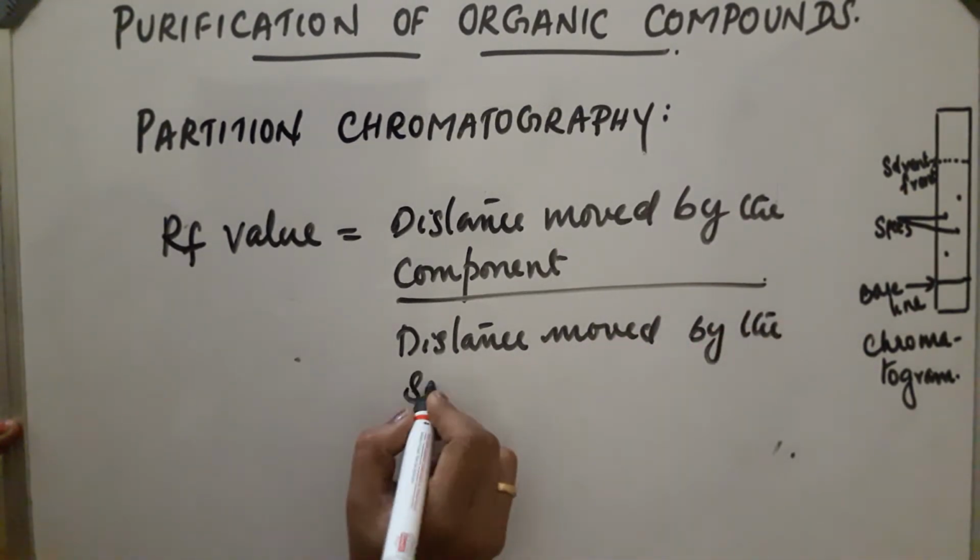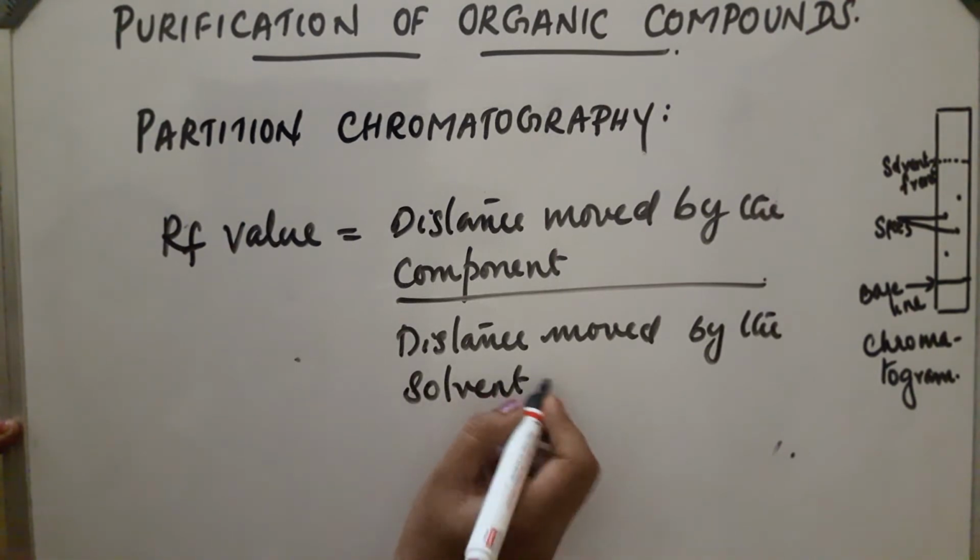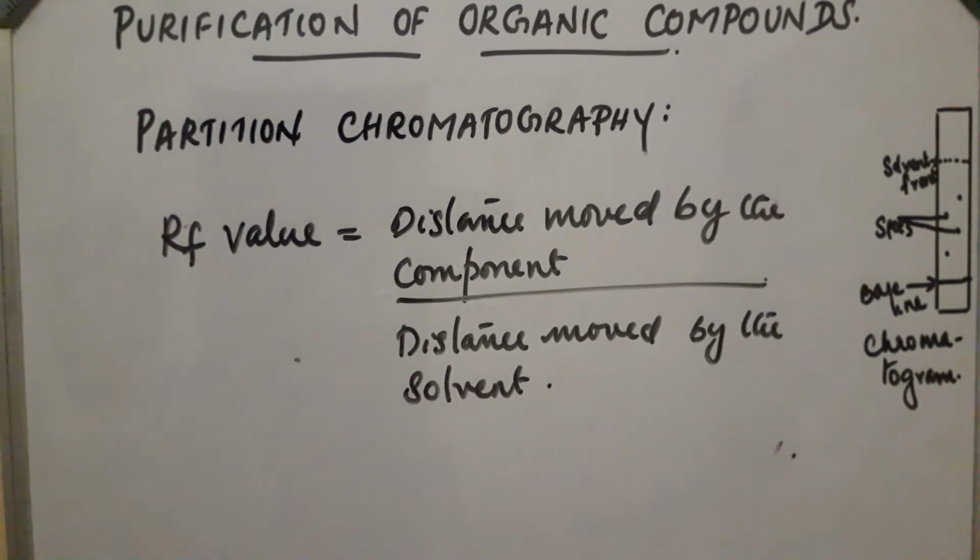From this we can calculate different values, compare them with the standard values, and identify the different compounds present in the mixture. If the spots are colored, maybe green or yellow, they are visible. But in some cases they are colorless.